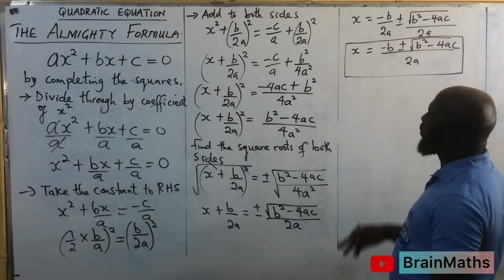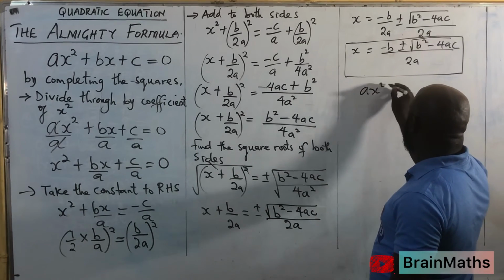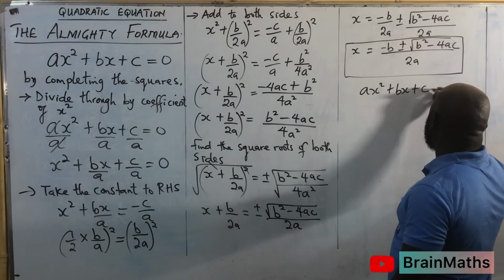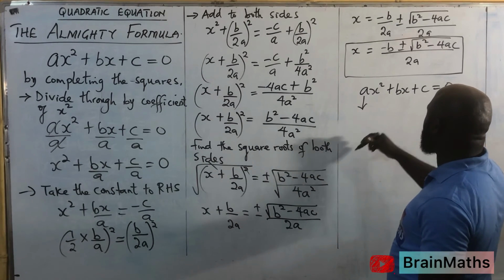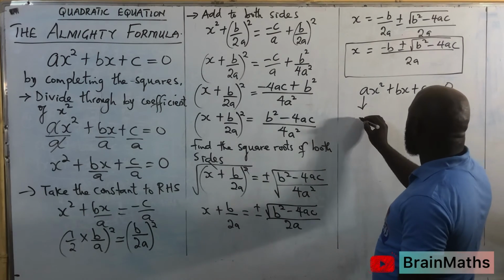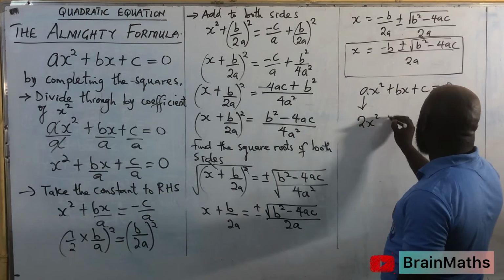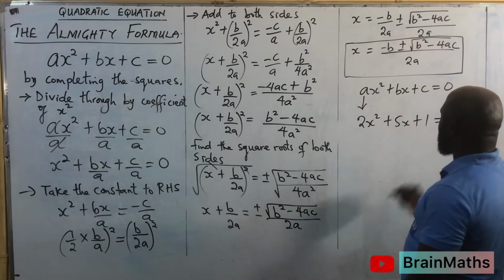With this formula, it is possible for us to solve any quadratic equation without having any issue. And how do we solve the quadratic equation? Given that ax squared plus bx plus c equals 0, this a is going to be the coefficient of x squared. Let's have a replica question: 2x squared plus 5x plus 1 equals 0.